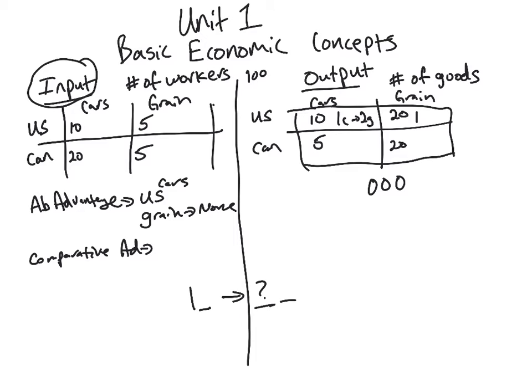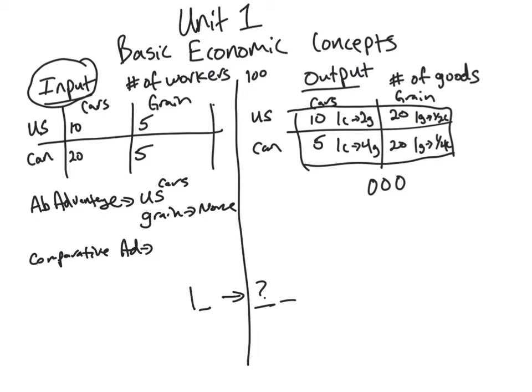And then it's the inverse over here. 1 grain is the equivalent of half of a car. And then for this one, 1 car is the equivalent of 4 grain, and 1 grain is the equivalent of 1/4 of a car.